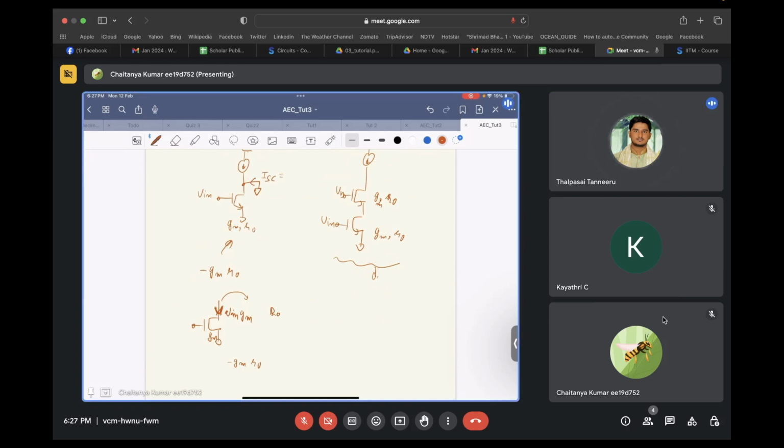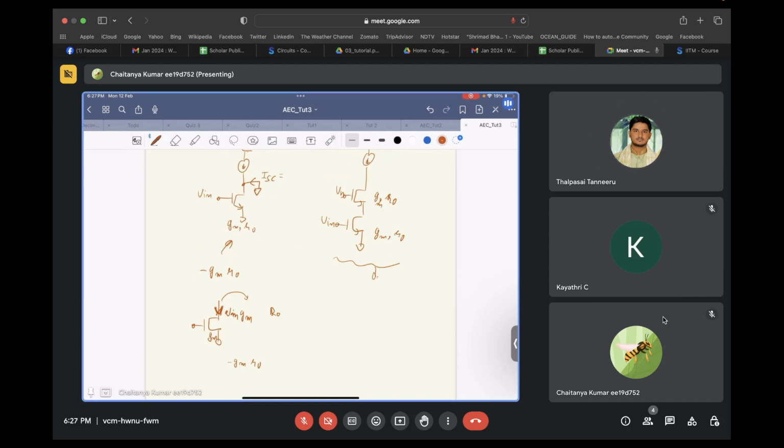It's basically kind of a Norton. You want to find the Norton equivalent of the circuit. What all things do you have in a Norton equivalent? You have an equivalent Norton current source, and parallel to that you have the Norton resistance.